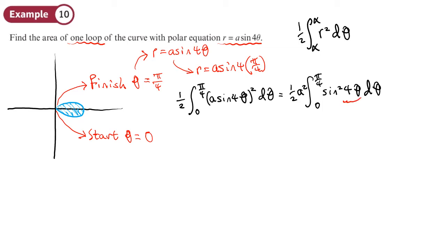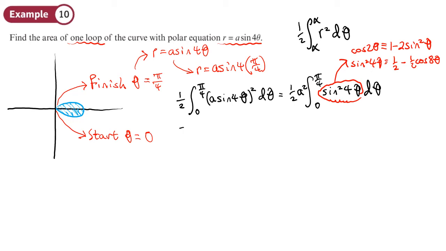This we will replace using this identity. Cos 2 theta is equivalent to 1 minus 2 sine squared theta. So that means that sine squared 4 theta is going to be equivalent to a half minus a half cos 8 theta. Yeah, so that angle needs to be double.